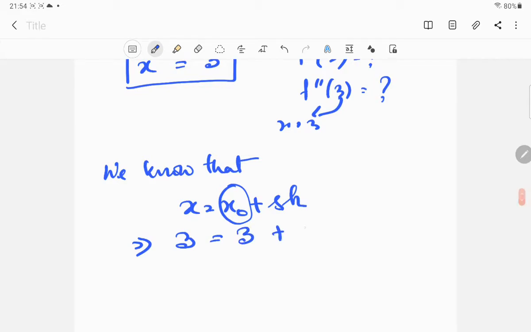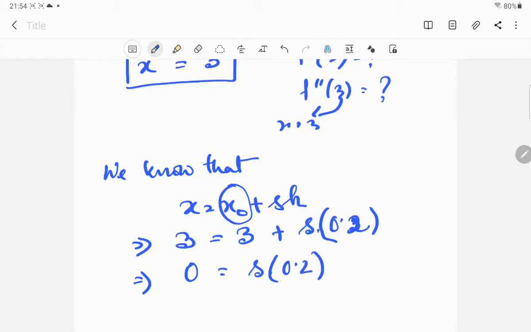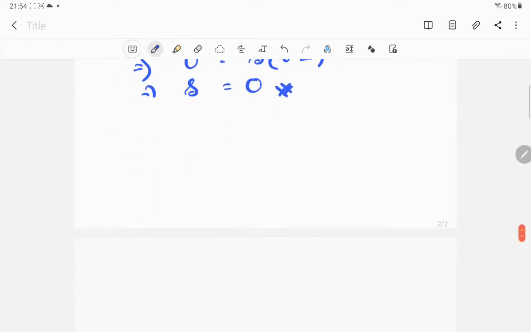Then s we don't know, and the value of h is given, the step length that I have already discussed. So 3 equals 3 plus s into 0.2, so the only option is s equal to 0.